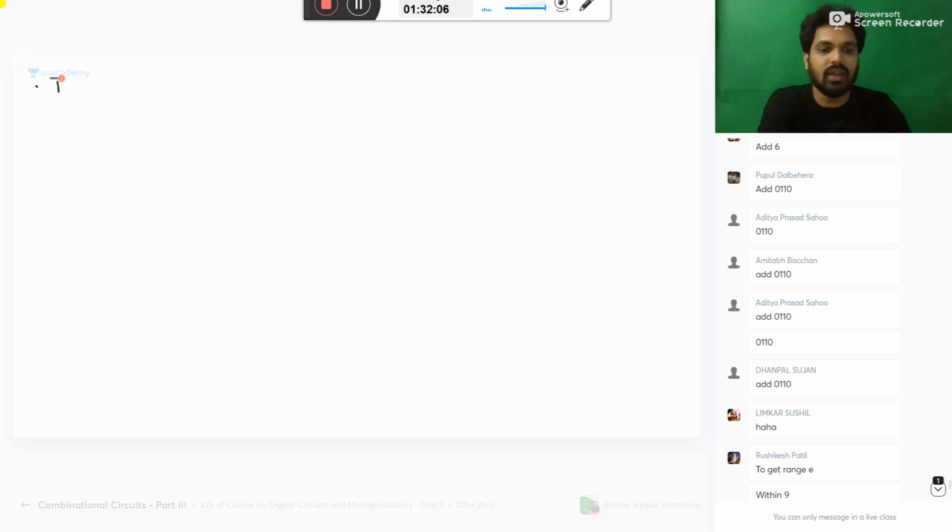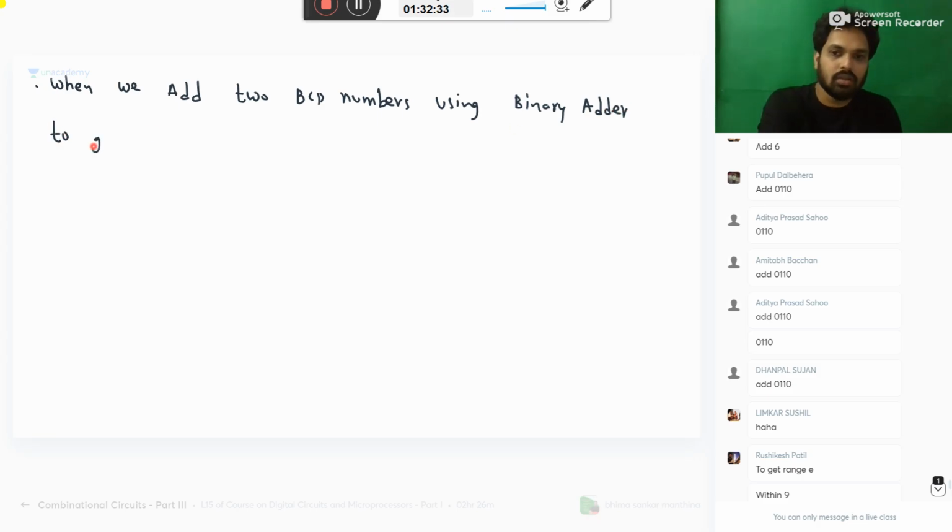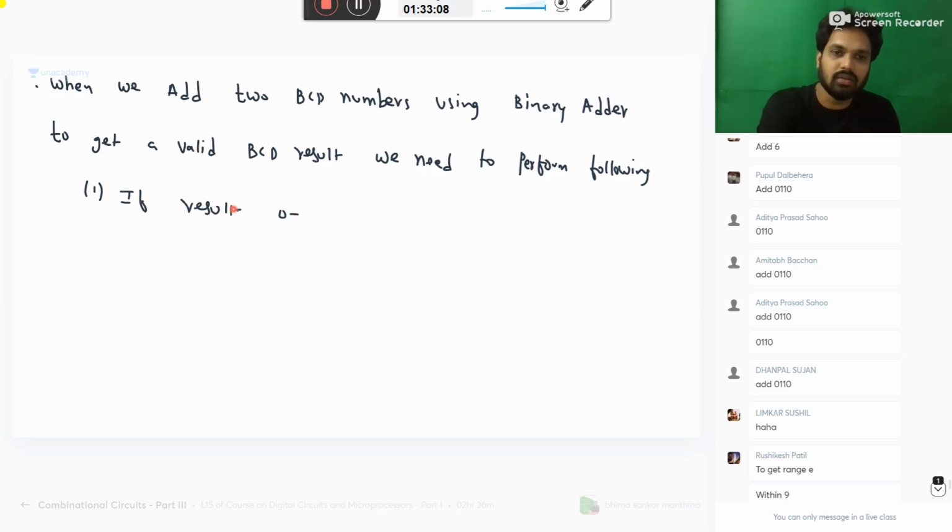So when we add two BCD numbers using binary adder to get a valid BCD result, first we need to perform the following. If result is 0 to 9, it is same.